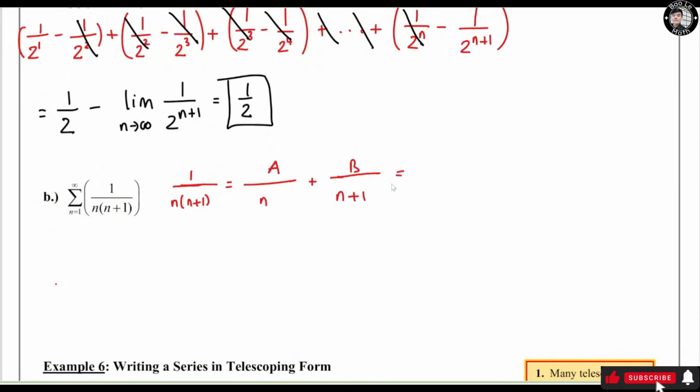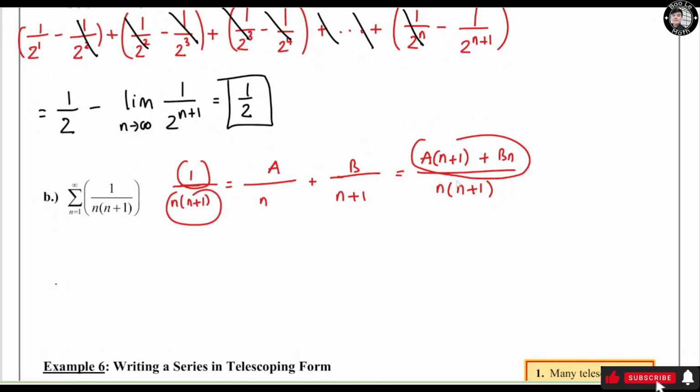So then this guy becomes a times n plus 1 plus b times n over n times n plus 1, right? Now I'm going to equate this guy and this guy right here, because the denominators are the same, right? So I have a times n plus 1 plus b times n equals 1.